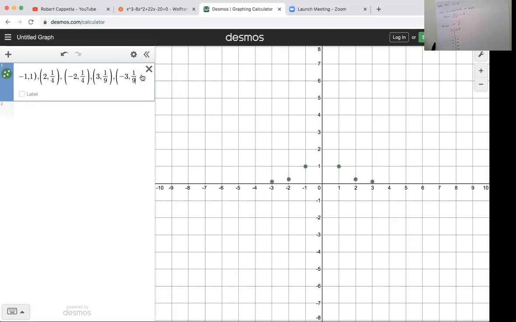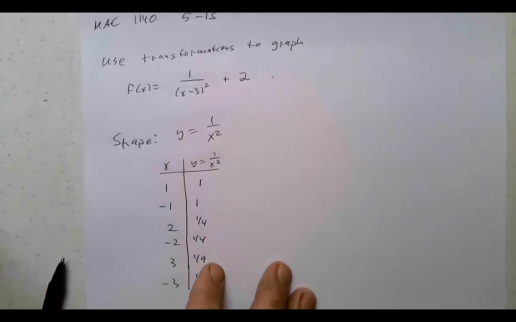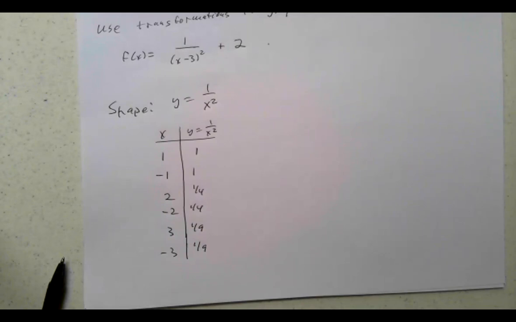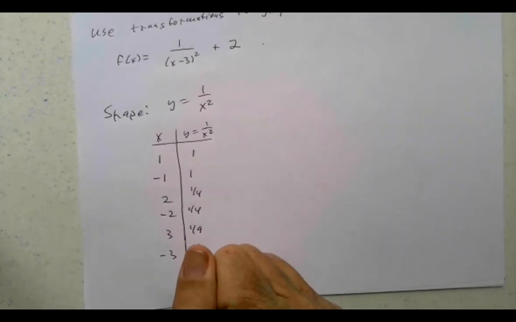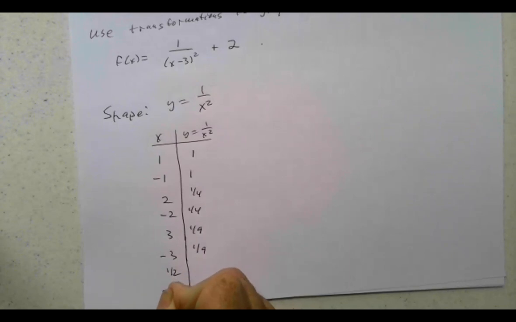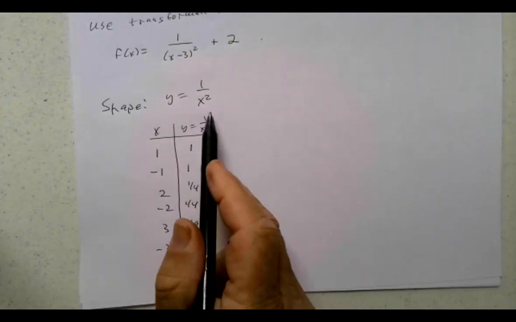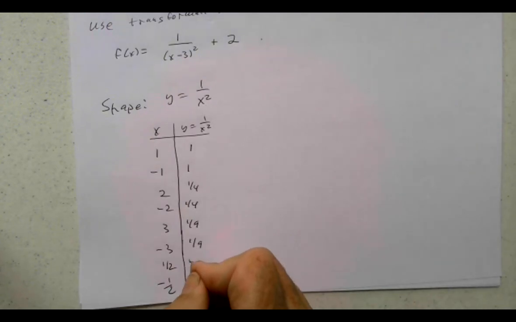And you know what? It might be helpful to add one more point here. Whoops, I just erased all those. And they're back, thankfully. Trying to erase that last comma. Oh no, it's not the last comma. Okay, good enough. I would like to maybe have a point at a half. So these were our values. How about a half and negative a half as well? A half squared is a quarter. 1 over a quarter is 4.